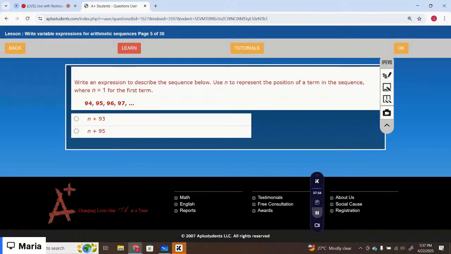Write an expression to describe the sequence below. Use n to represent the position of a term in the sequence where n equals 1 for the first term. So which is the correct option?